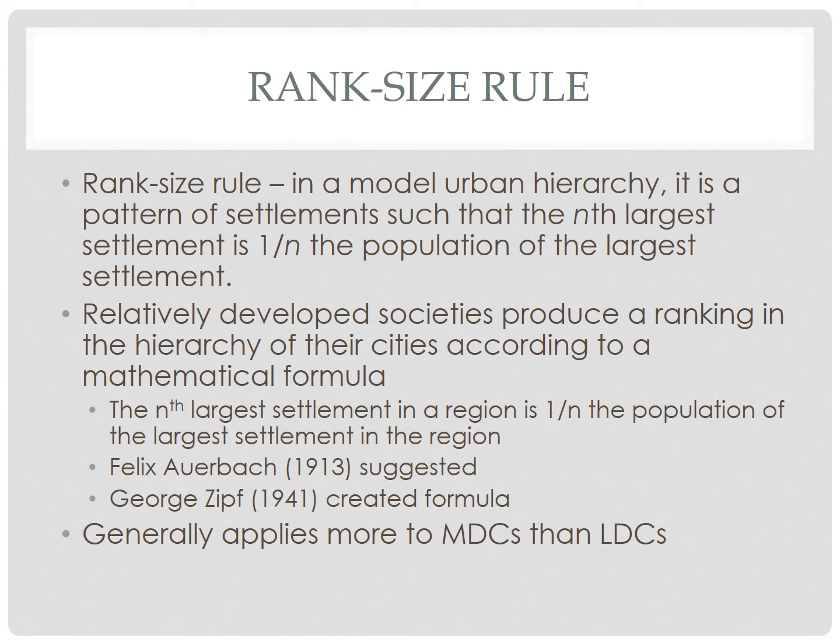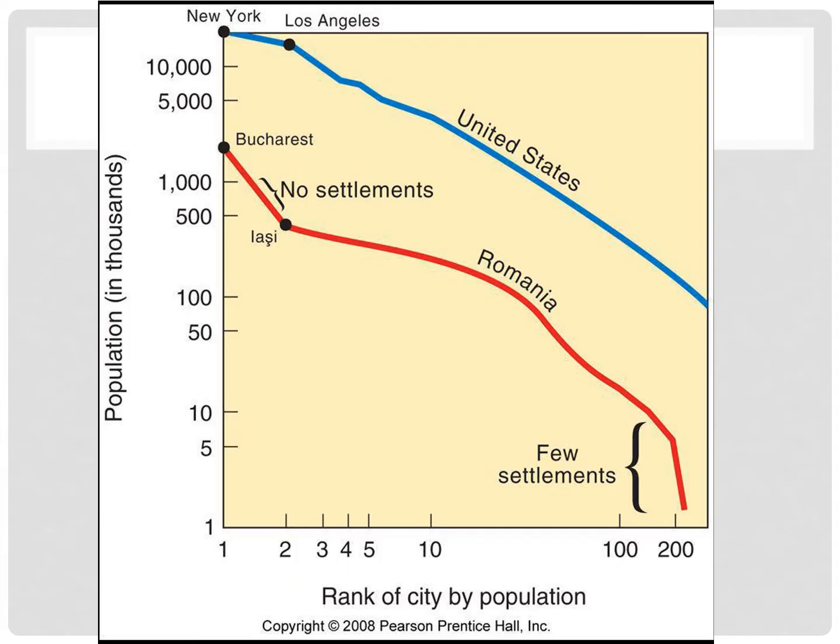But George Zipf was the one who actually created the formula. And so it's actually sometimes referred to as Zipf's law, in the event that we happen to see that on the AP exam. And generally speaking, it applies more to MDCs than to LDCs, but not always, as we're going to see.